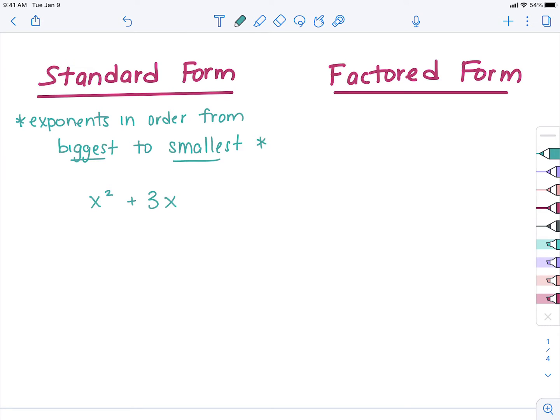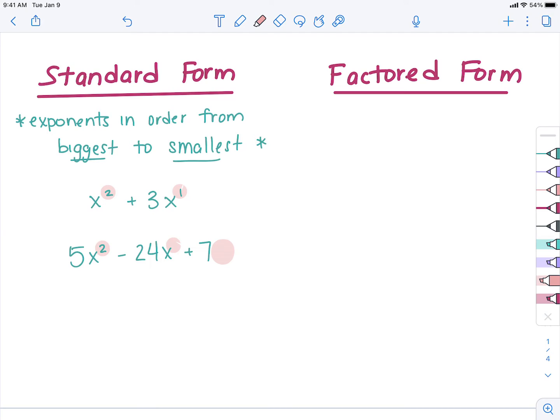My coefficients don't matter. It's my exponents, right? I have a 2 and nothing's here, so that's really just a 1, so they're in order from biggest to smallest. Or I could get even fancier and say something like 5x squared minus 24x plus 7. That's still in standard form because I still have my biggest exponent, a 2, then a 1, and then there's nothing here. So it's still in order from biggest to smallest. So those are standard form.